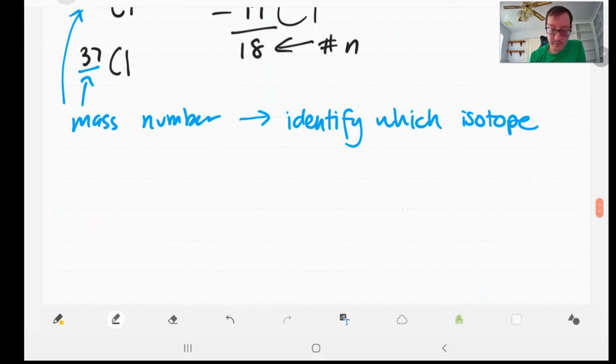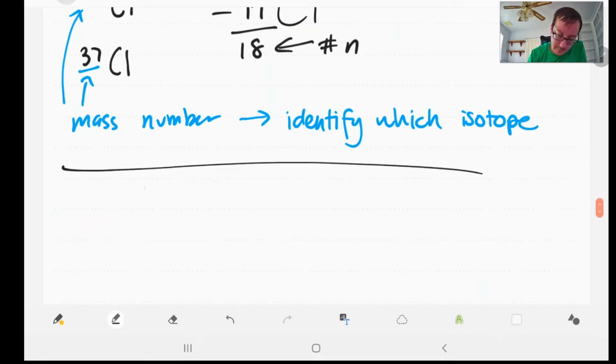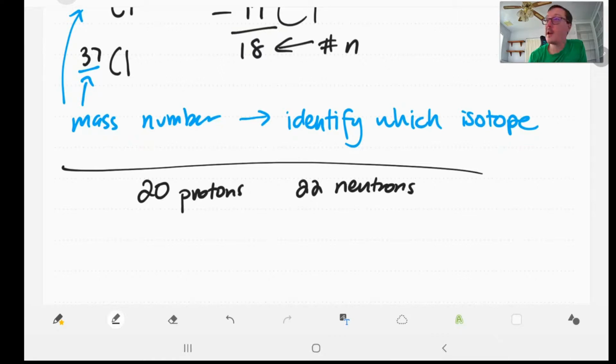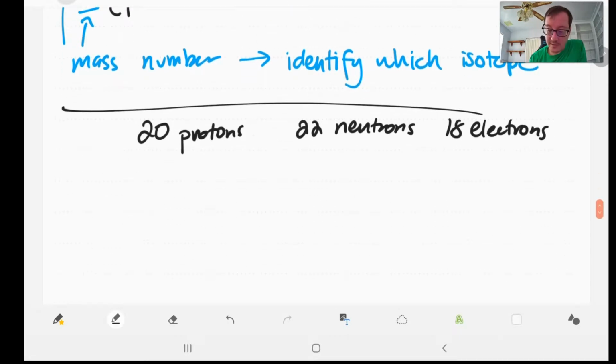Okay, so we've got 20 protons, 22 neutrons, and 18 electrons. Looking at a question like this, we're asked to come up with the symbol. The first thing we probably want to do is figure out what element it is.